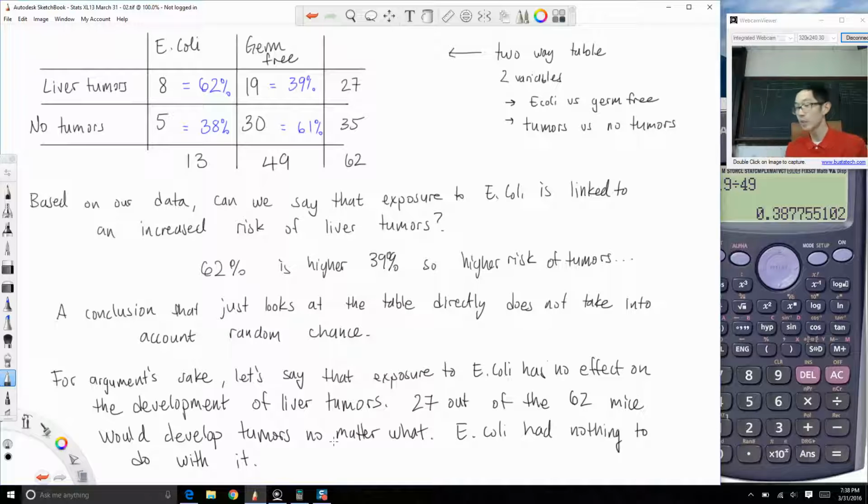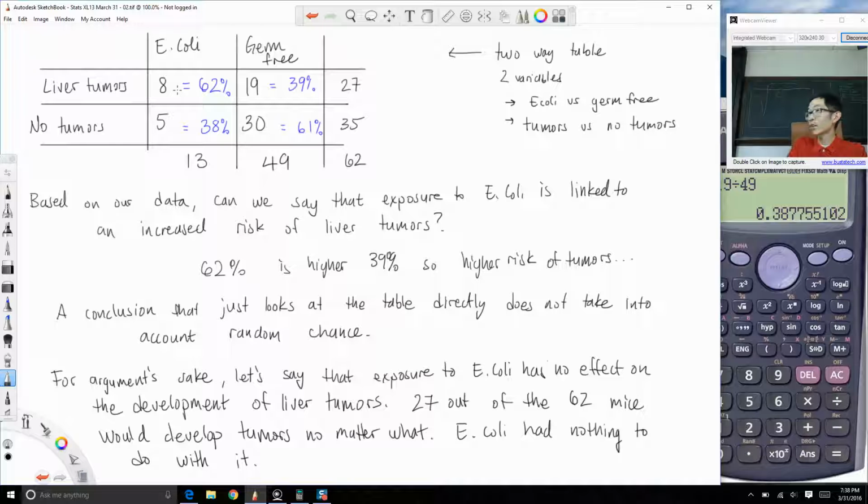Okay, so if we were to just randomly mix up these mice and put 13 of them in group A and 49 in group B, is it possible that just from random chance that in group A, where I picked 13 mice, I happened to get 8 mice that were destined to develop liver tumors?